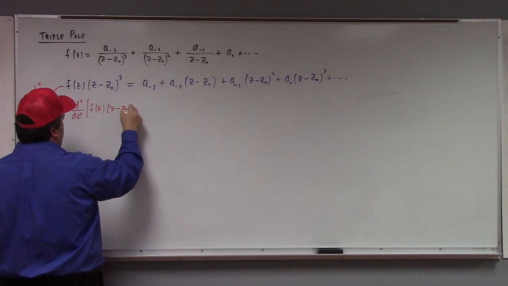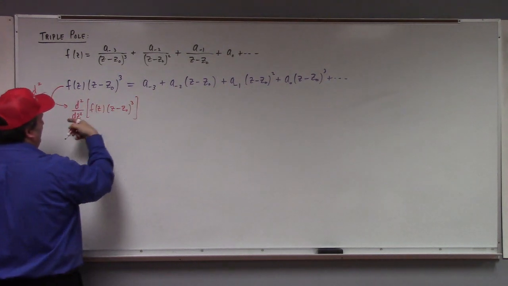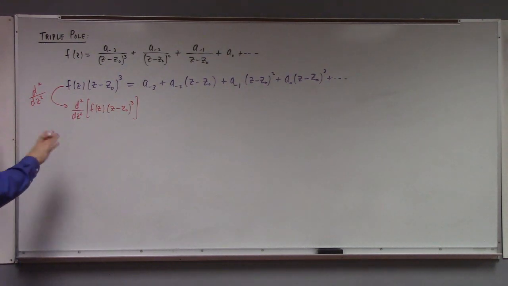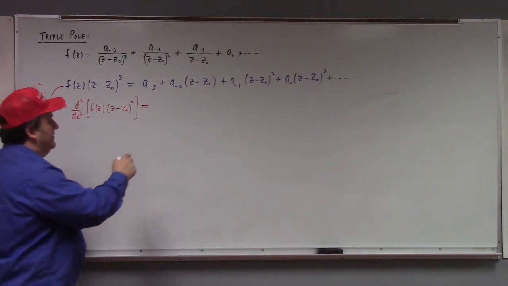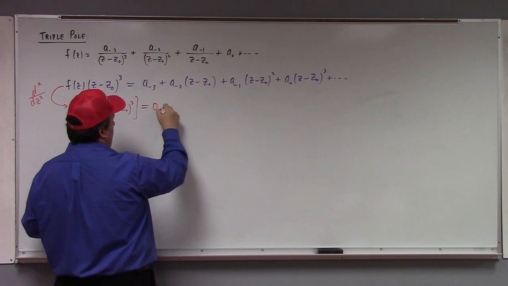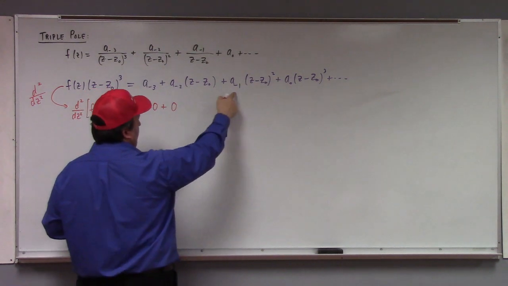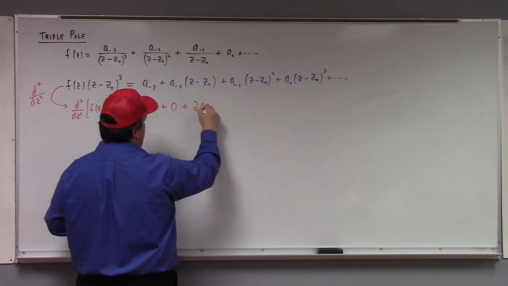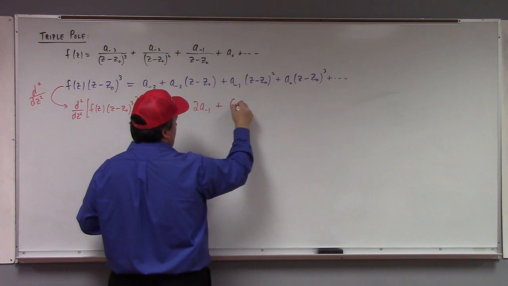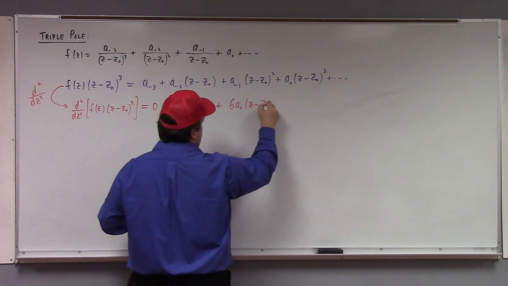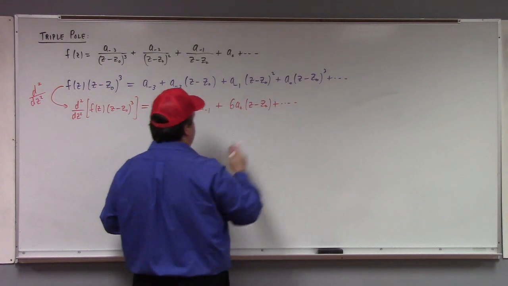Sometimes I get sucked into the trap of doing the product rule over here, but that's not the point. On the right-hand side, 0, 0, and over here, 2 a sub minus 1. That one becomes 3 times 2 is 6, a sub 0, times z minus z naught, plus dot, dot, dot.